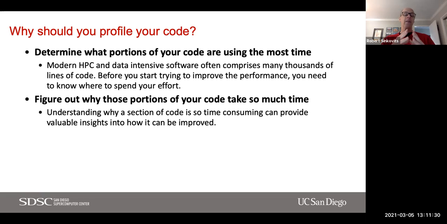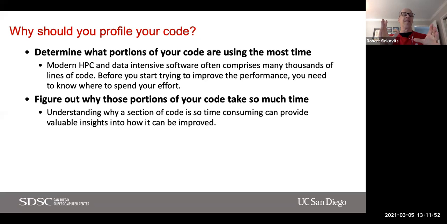And then when we get into uProf, the AMD profiling tool, we're going to go a step further, and we're going to try to figure out why those portions of the code are taking so much time. So I find that step 1, just knowing which routines, often gives me all the information that I need. I can say, okay, it's this particular function or subroutine.